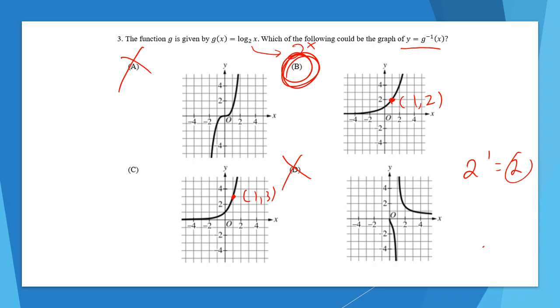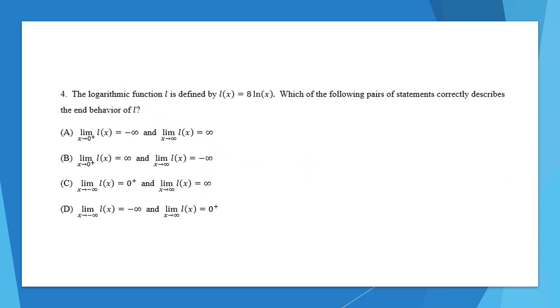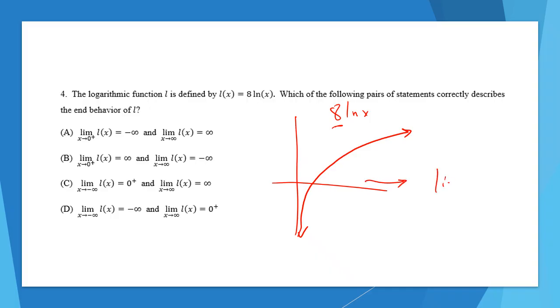All right. Number 4, the logarithmic function L is defined by L of x equals 8 ln x. Which of the following pairs of limit statements correctly describes the end behavior? For this one, because our a value is positive, our general shape should look like this. That's always going to be the case when a is positive. Obviously, as we approach positive infinity, the limit as x approaches positive infinity of L of x is going up forever, so this should be positive infinity.